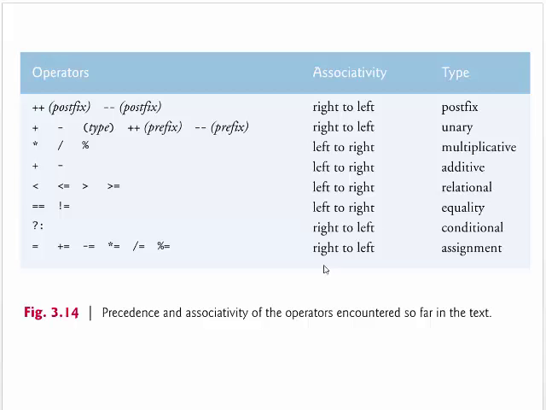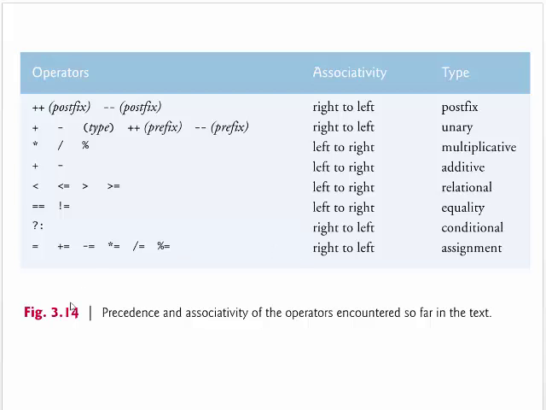The last thing I'm going to cover in this chapter before I go look at my programming lab is this figure 3.14, showing the operators that we've encountered so far in the text. This is not all the operators that we're going to encounter. There's a whole other set of logic operators that we haven't dealt with yet. But the order of precedence is important here as well.